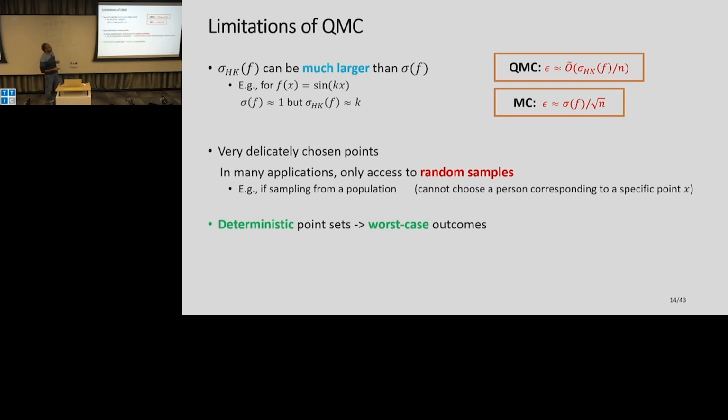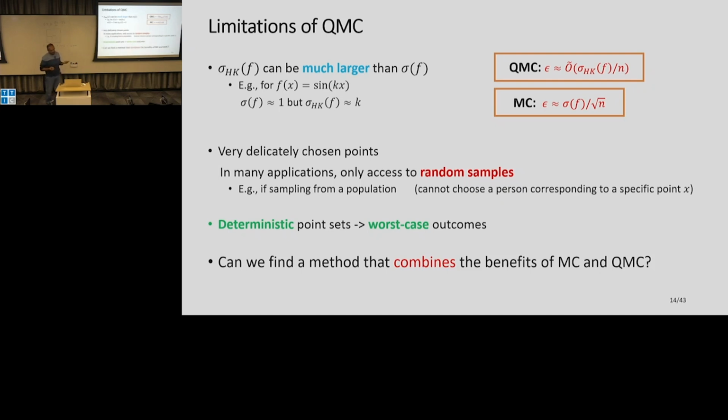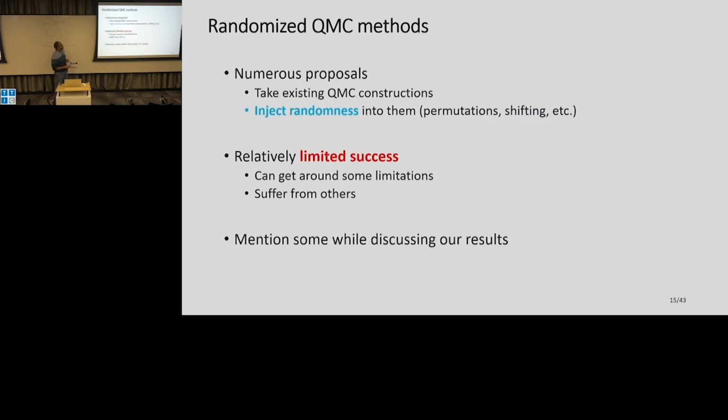So there's a natural question: can we combine the benefits of both Monte Carlo and Quasi-Monte Carlo? Can we do better? And again, we are not the first ones to ask this question. People in this community have thought a lot about these things. They look at what are called randomized Quasi-Monte Carlo methods, and there are already a couple of books on that.